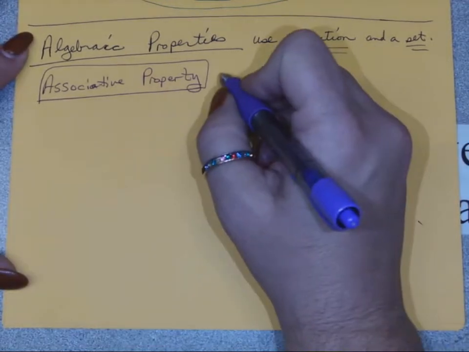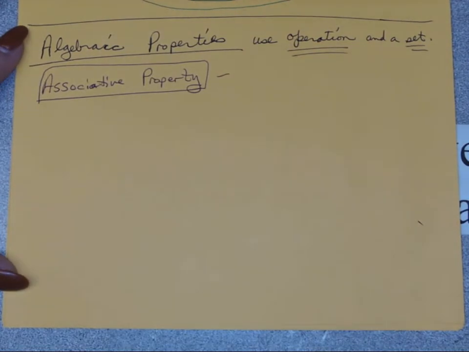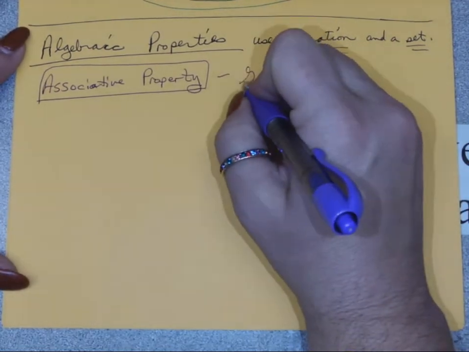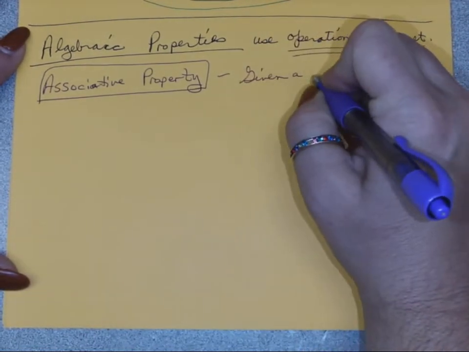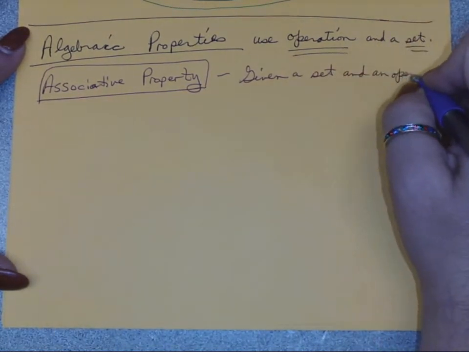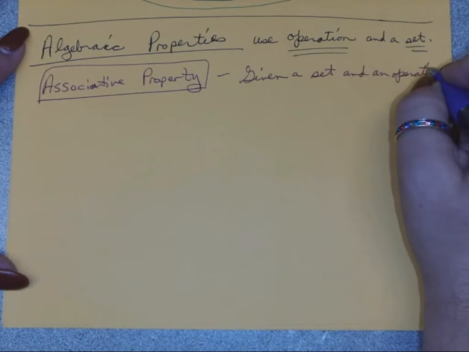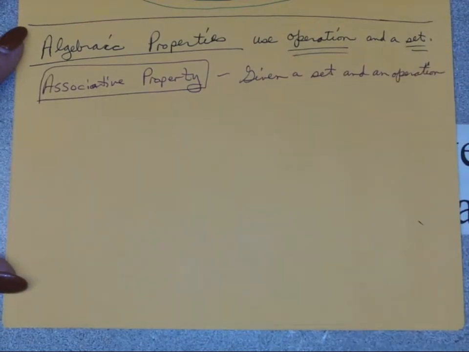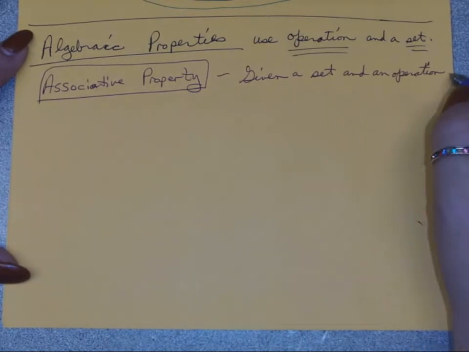Okay. So most of these properties start out with: given a set and an operation. It's almost always given these things. We know what set of numbers we're talking about, and we know what operation we want to do.